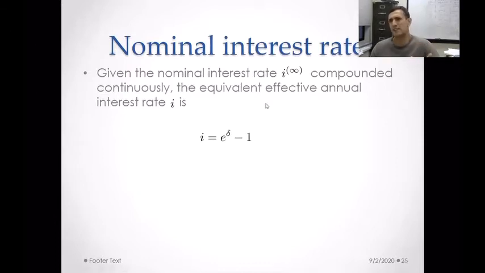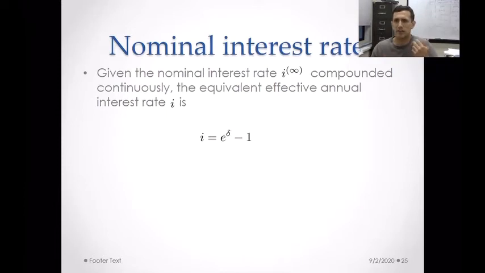Of course, as I said before, delta is i superscript infinity. Literally seeing the formula e to the i superscript infinity would look really bizarre, so it doesn't look nice.